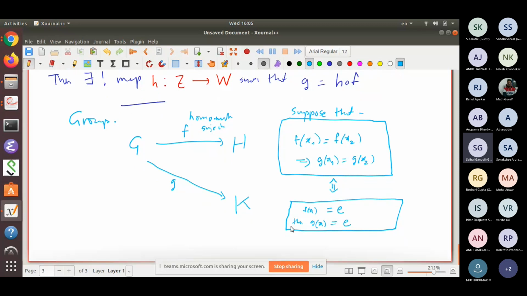And therefore, this I can further write by saying that this is equivalent to saying that kernel of f is contained in kernel of g. And because this is surjective, this is isomorphic to G mod this kernel.